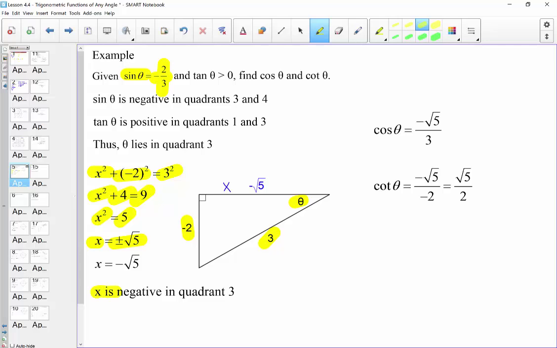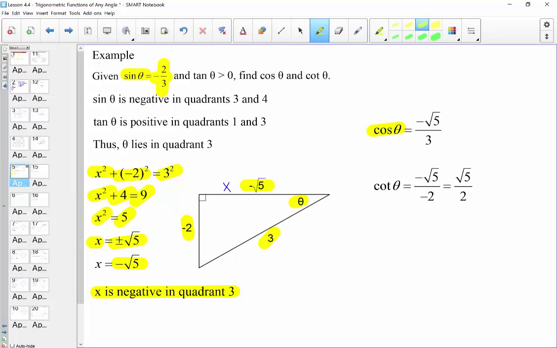But because x is negative in quadrant 3, we know that x is equal to the negative square root of 5. We can throw out the positive square root of 5. We can label that on our diagram here. Now that we know all three of the lengths of the sides of the triangle, we can find the cosine of theta and the cotangent of theta.